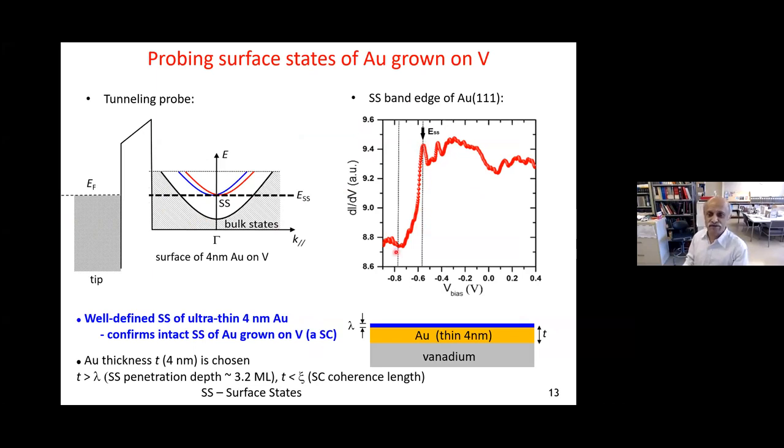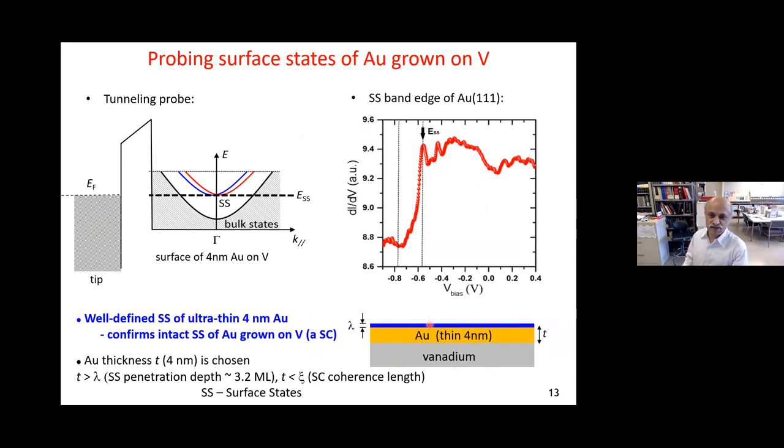This singularity has been attributed to the surface state onset of the gold. It's about 1.55 eV, which is close to what was seen in the past by various techniques, photoemission and so on. So we do have a nice surface state still persisting on the surface of the gold. We now have 4 nanometers of gold with a nice surface state on the vanadium.